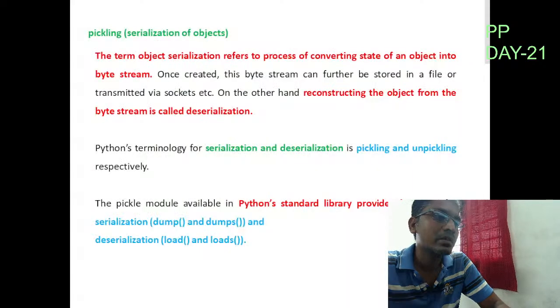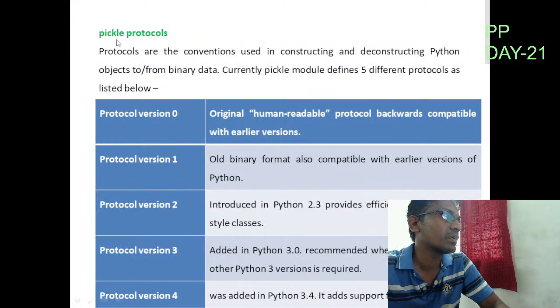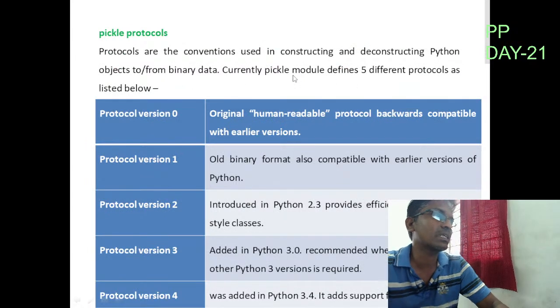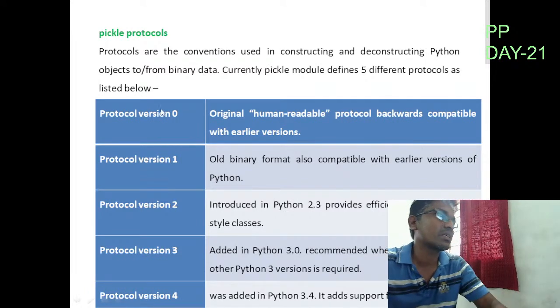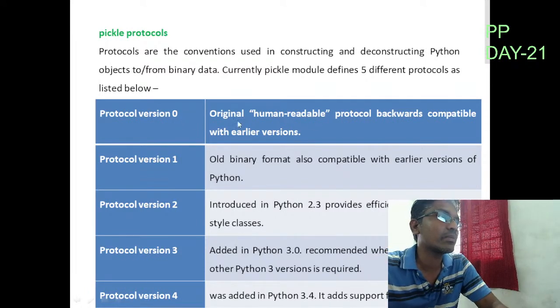Now let us continue with serialization and deserialization, that is, pickling and unpickling. These are the pickling protocols. The pickle module currently defines 5 different protocols. Protocol 0 is the original human-readable protocol.